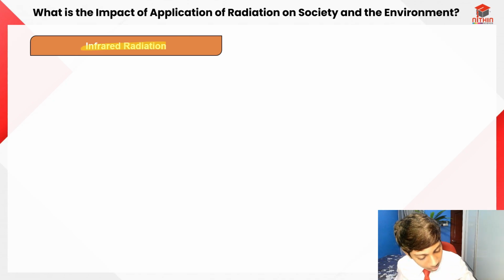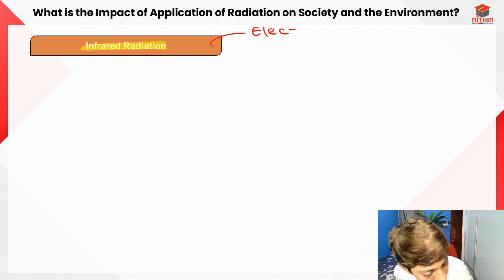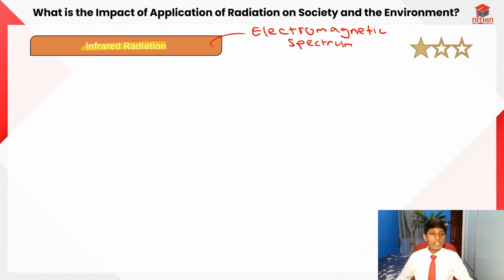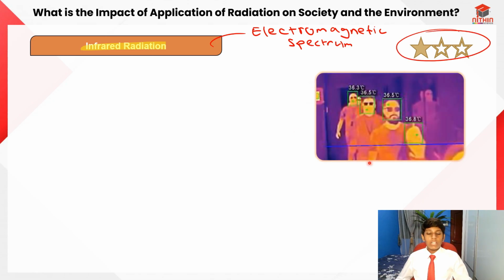This is something that is in our electromagnetic spectrum as well. This will be the first out of the 3 that we are going to look at today, and this is infrared radiation.